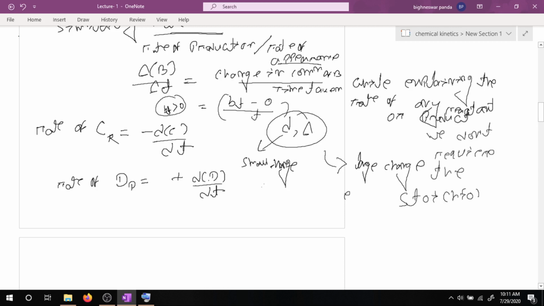What is stoichiometric coefficient? These are the numbers which are required to balance a chemical reaction.